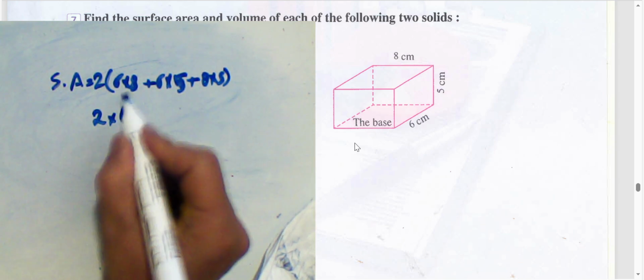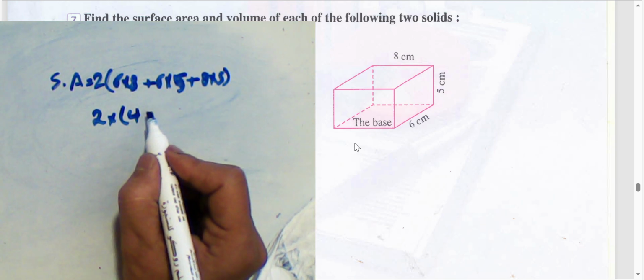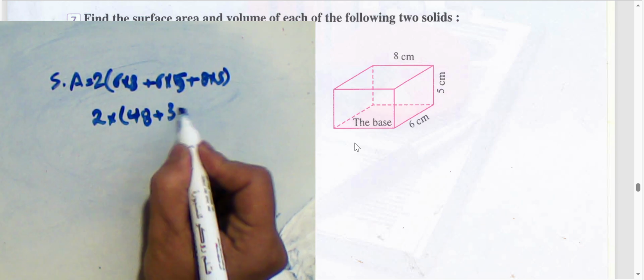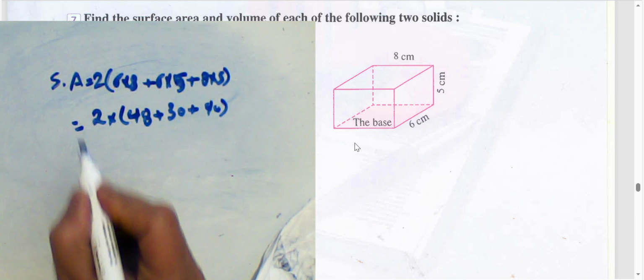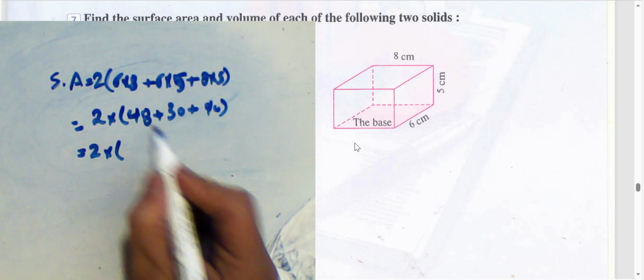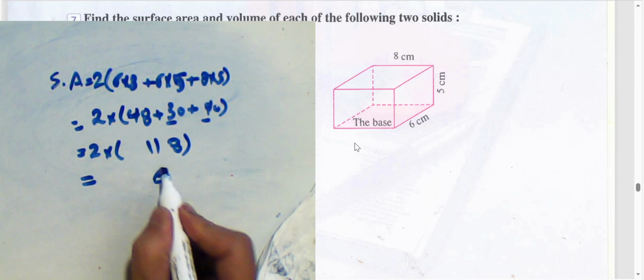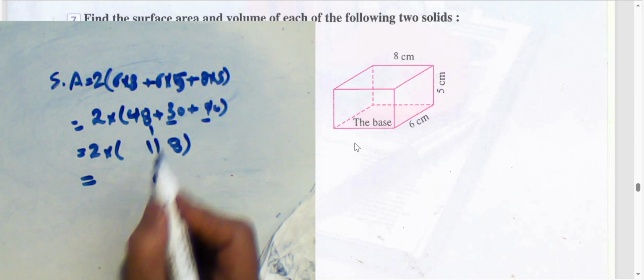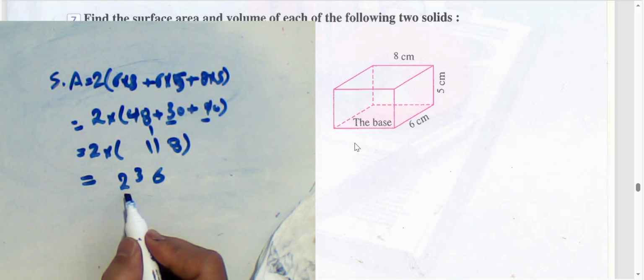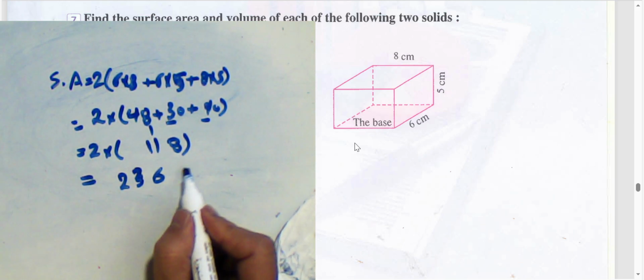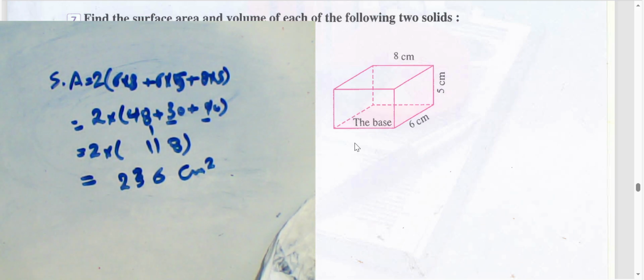Write 2 times, 6 times 8 equals 48, 5 times 6 is 30, 5 times 8 is 40. Add them to get 118, then 2 times 118 is 236. The result will be 236 square centimeter.